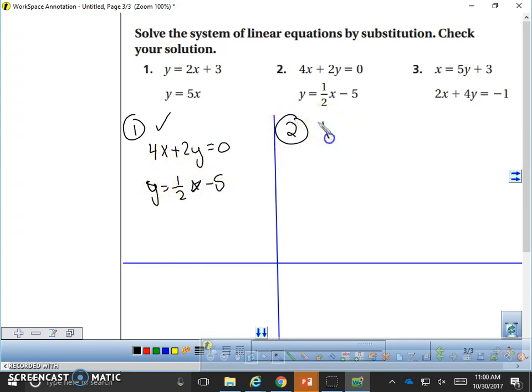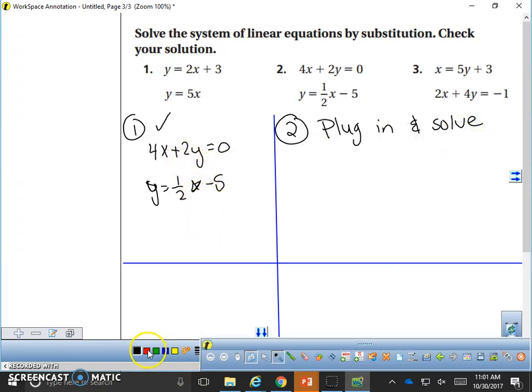Step 2, plug in and solve. Okay, so we're plugging in the fact that y is 1/2 x minus 5. We're going to plug that in here and we're going to solve.